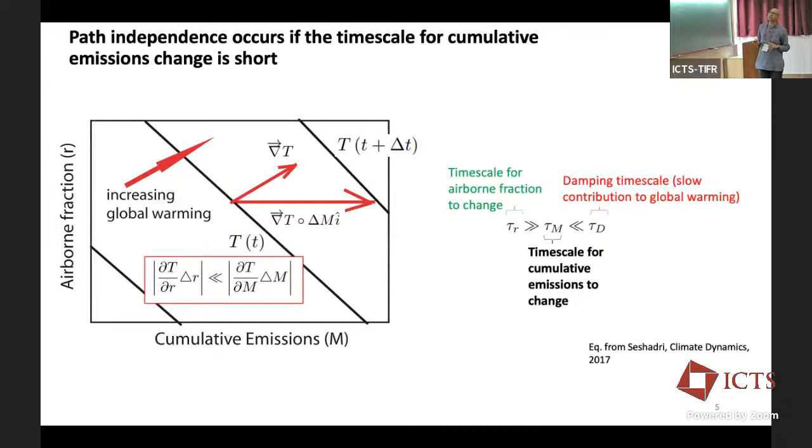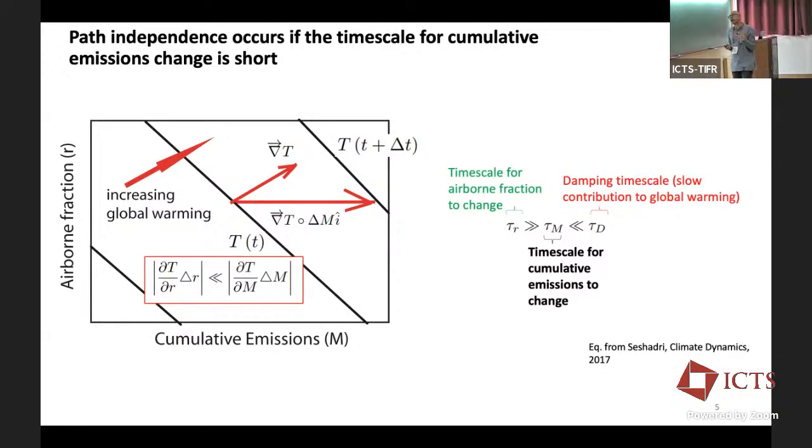Under what conditions would this function be independent of the emissions pathway and just a path-independent function of cumulative emissions? The answer is, well, imagine these are contours, these are just for representative purposes, please don't take these literally. The change in temperature between time t and t plus delta t is determined by the change in cumulative emissions.